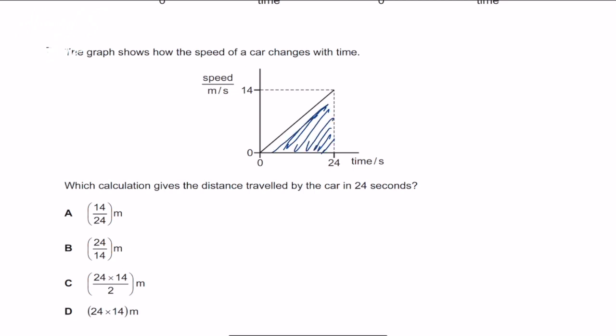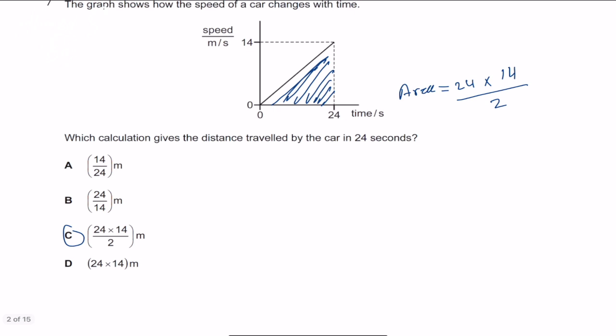This looks like a triangle, and we know that the area of the triangle equals the base, which is 24, times the height, which is 14, then divided by 2. So I'm going to choose which one is compatible with that. As you see, it's C again, 24 times 14 divided by 2, and the measuring unit is meter.